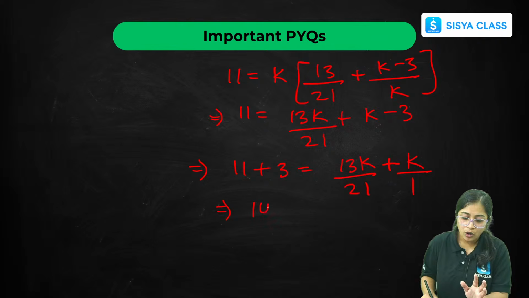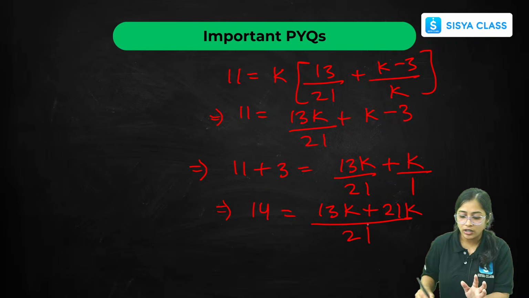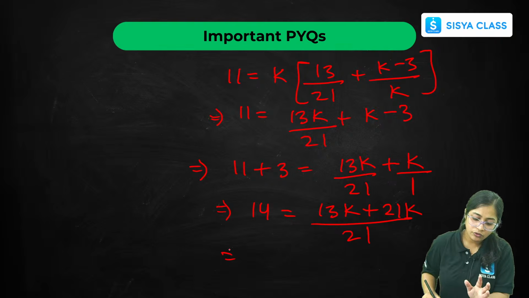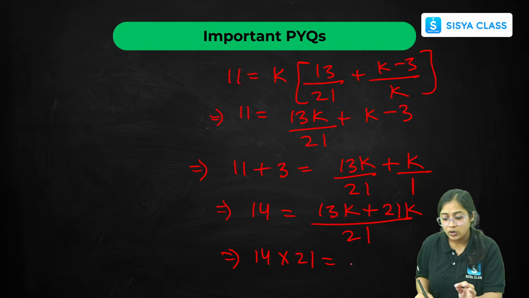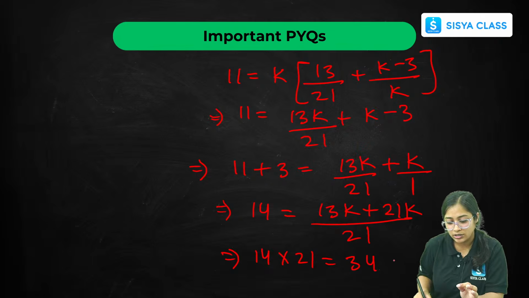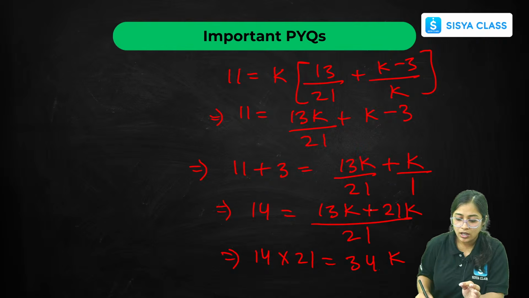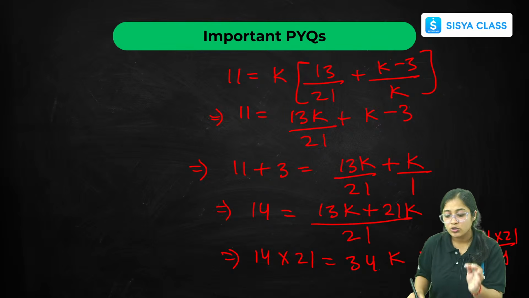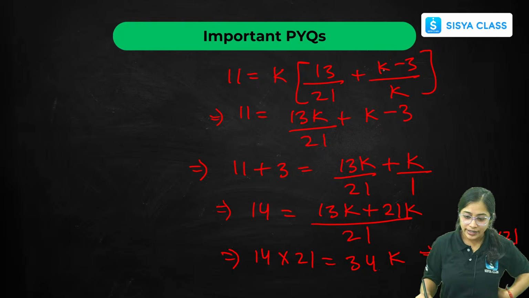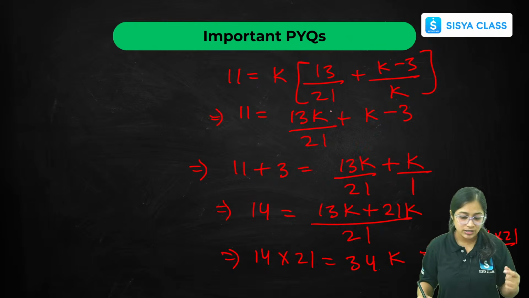So you will get 14 equal to 13k plus 21k upon 21. So from here you will get 14 into 21 equal to 34k, and the value of k is 14 into 21 upon 34. From here you can simplify it and get the value of k.